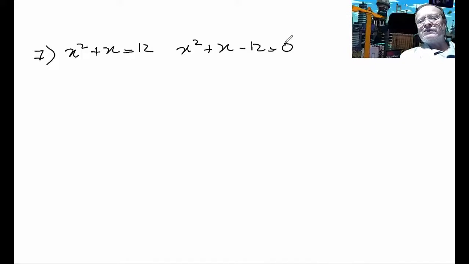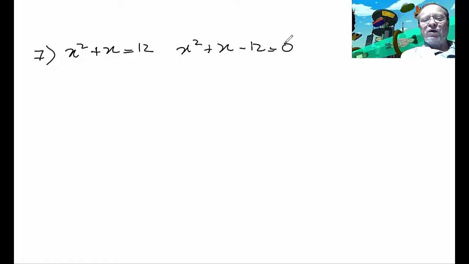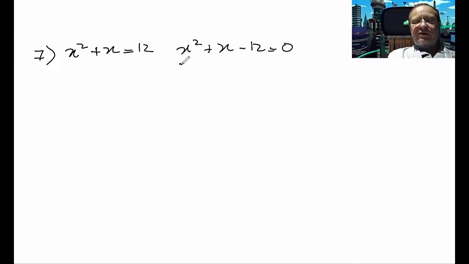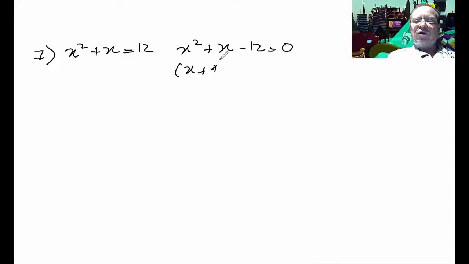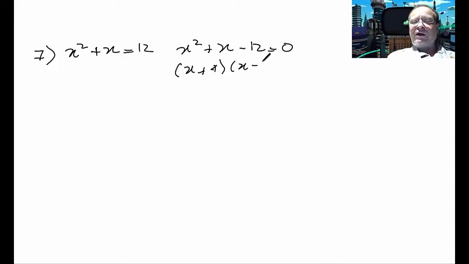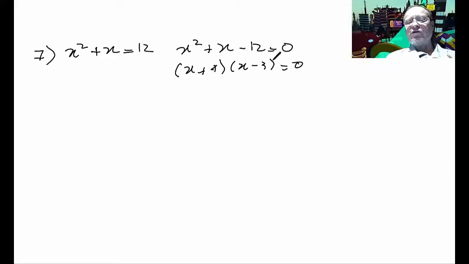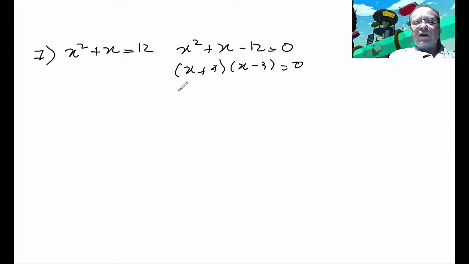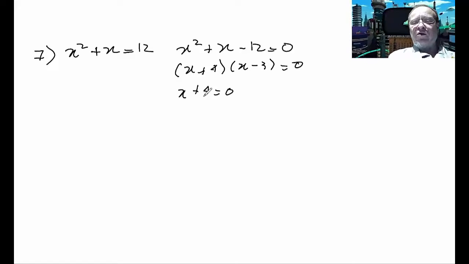And now it's in standard form, and it turns out the only thing we can really do is factor it in the usual way, and we end up getting x plus 4 times x minus 3 is equal to 0, factoring it the usual way, or whatever way you like to factor it. And we end up, each factor we set equal to 0.